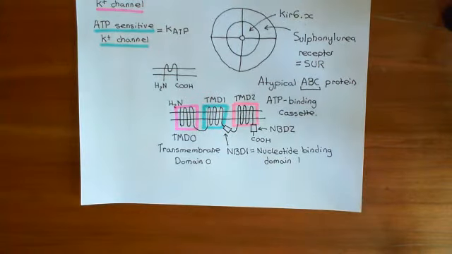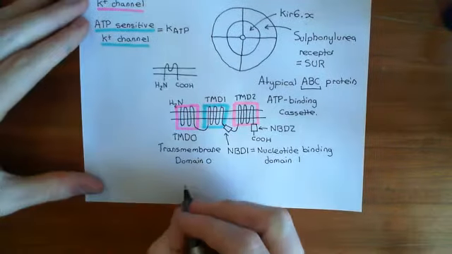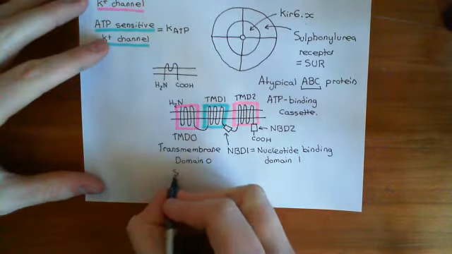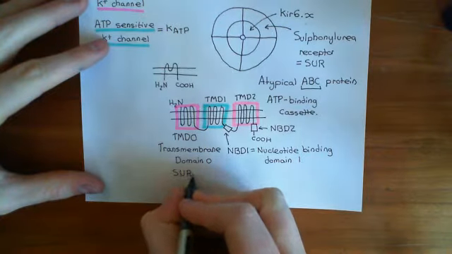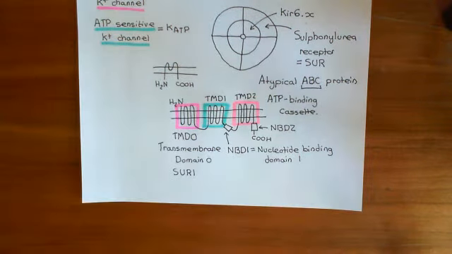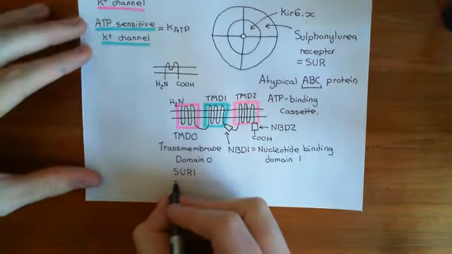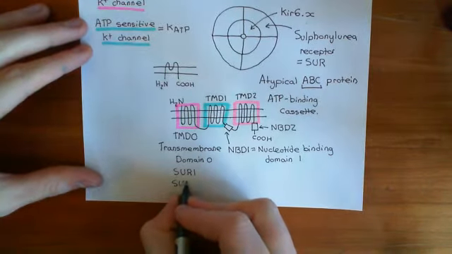Right. Okay, so how many sulfonylurea receptors are there? Well, basically there are 2 genes which code for the sulfonylurea receptor proteins. Okay, so these are the sulfonylurea receptor 1 protein, and then there's also the sulfonylurea receptor 2 protein.